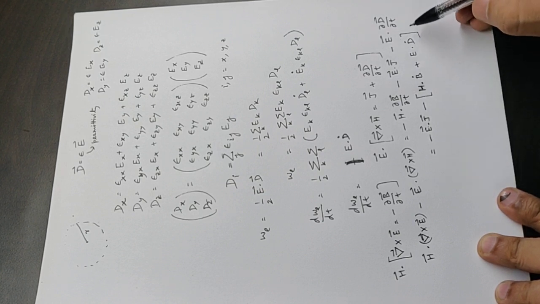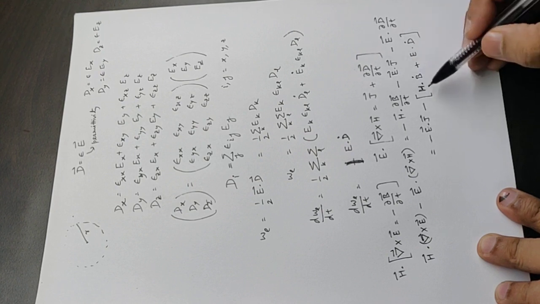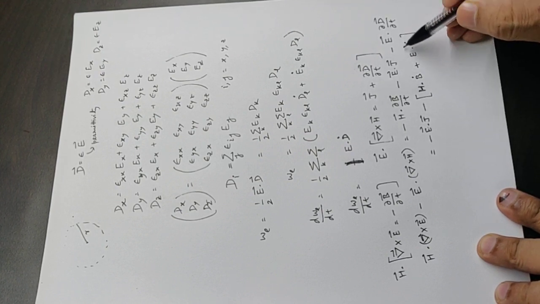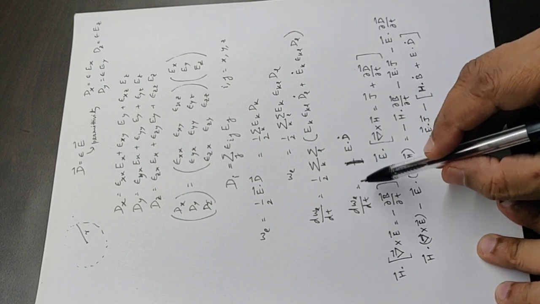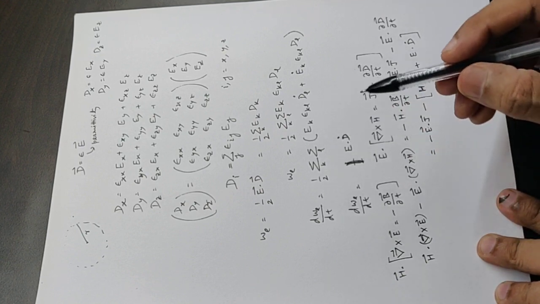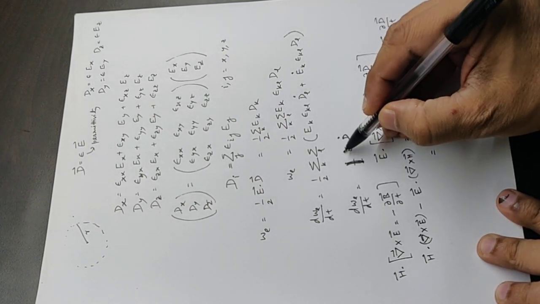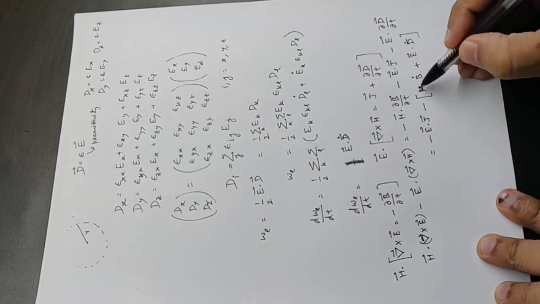Then we did the analysis and saw that this whole thing is nothing but the rate of change of electromagnetic energy, and this is the rate of change of electrical energy. So this is where we have taken from, and the rate of change of electric energy is nothing but E dot D dot. Both are vectors.